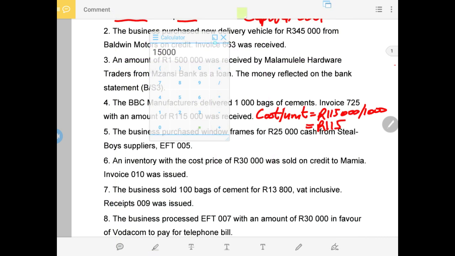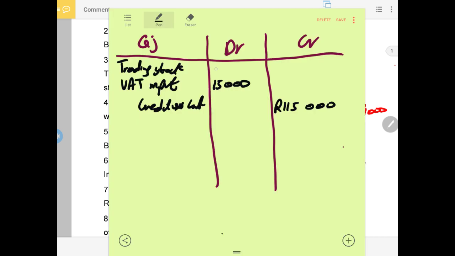Then we need to know the cost of inventory. You can say 115,000 rand times 100 divided by 115. That will give you 100,000. So the cost of inventory excluding VAT is 100,000 rand. That will be the transaction that we need to record.